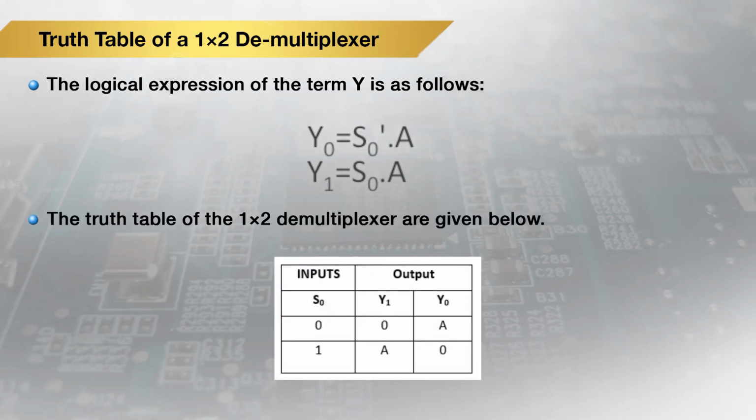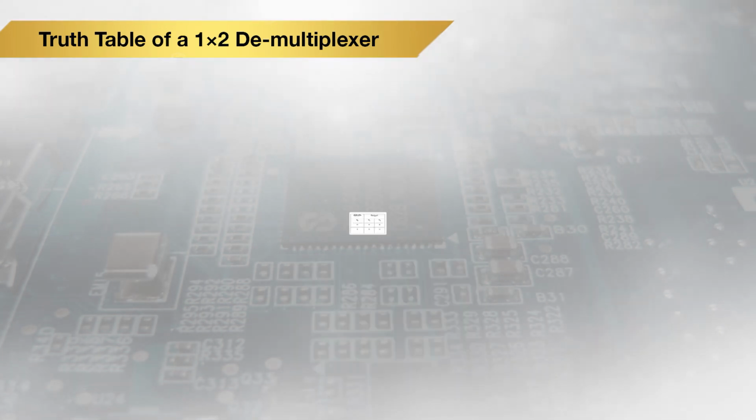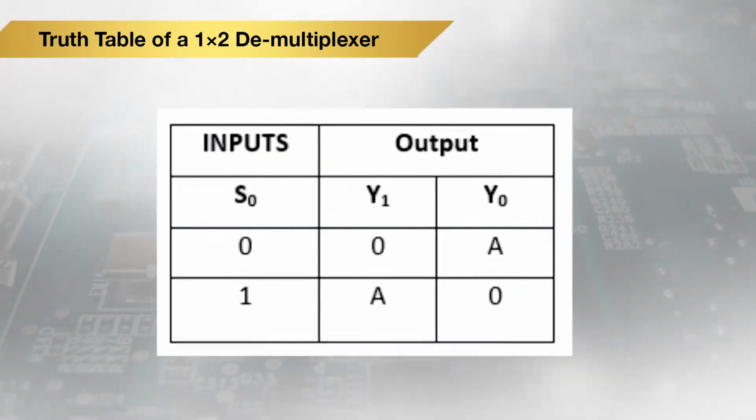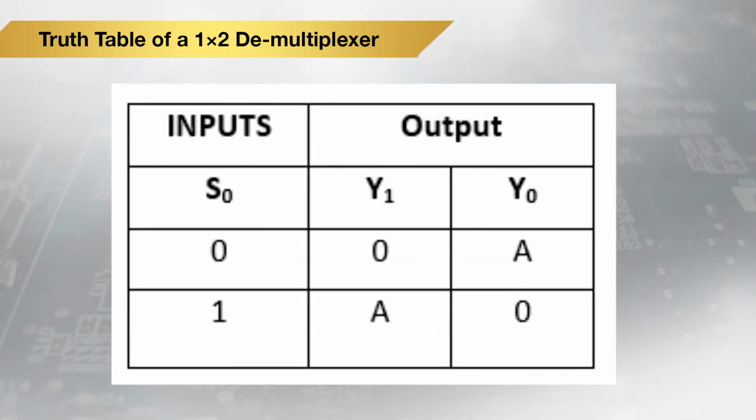The truth table for the 1x2 demultiplexer is shown here. Here S0 acts as input and at the output we have Y1 and Y0.